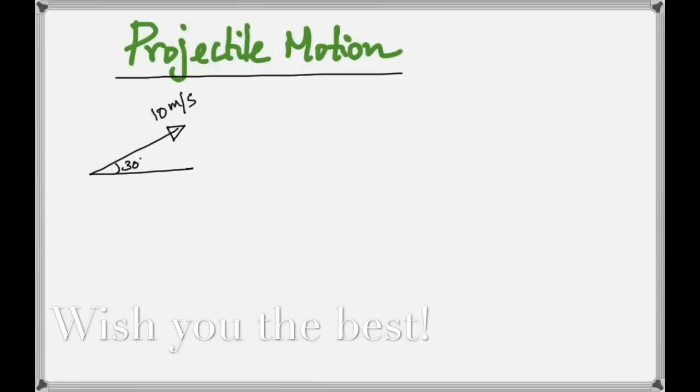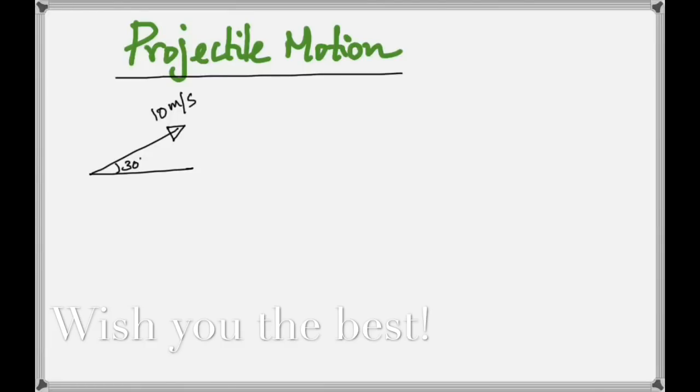When you break the velocity into its components, what do you get on the x-axis? 8.7. How would you get that? That's right. You would get 10 cosine 30. Why cosine? That's going to be the adjacent side because the angle is taken there, so there's no need for confusion.